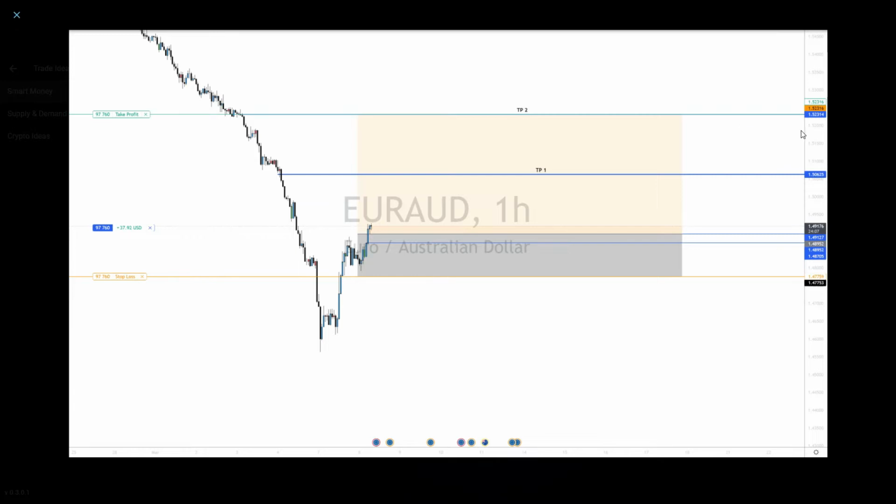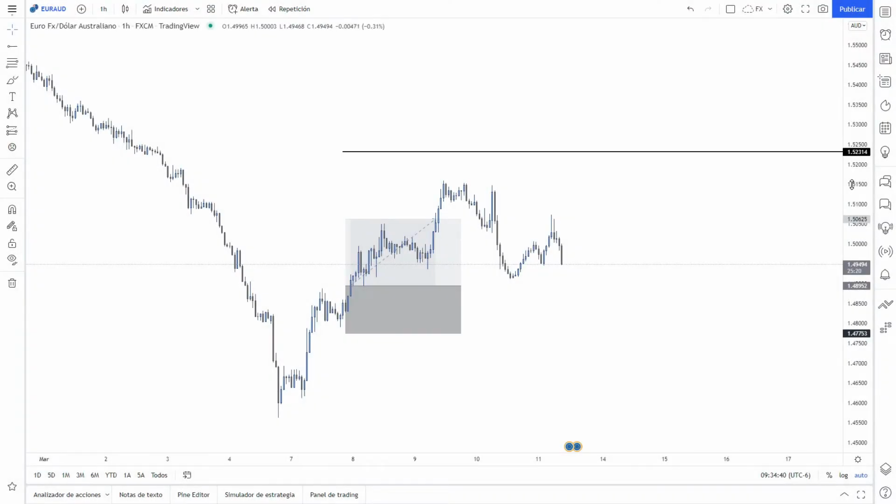Let's take a look. As you can see, TP1 was at 156.25 and TP2 was at 152.314. So let's see how this ended. Okay, so here's how it played out.